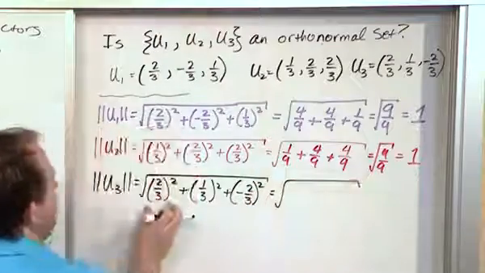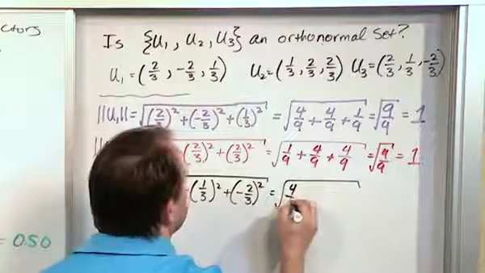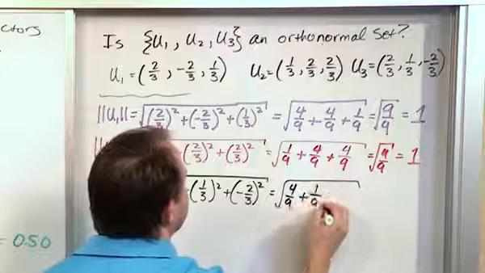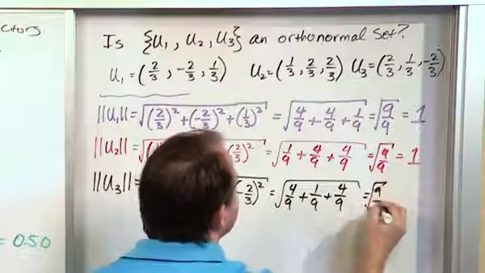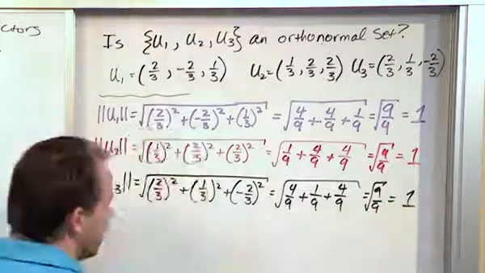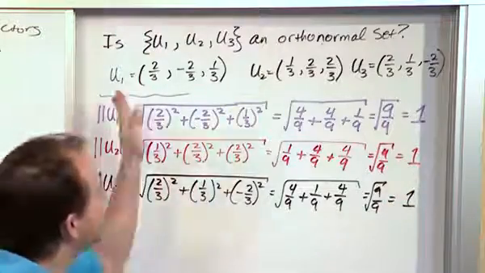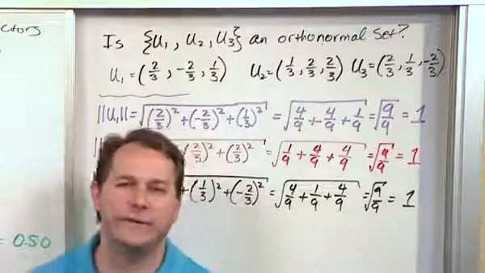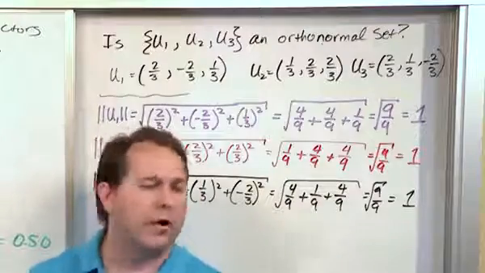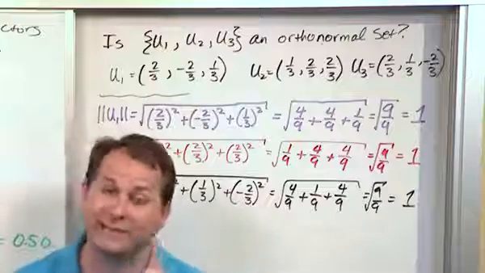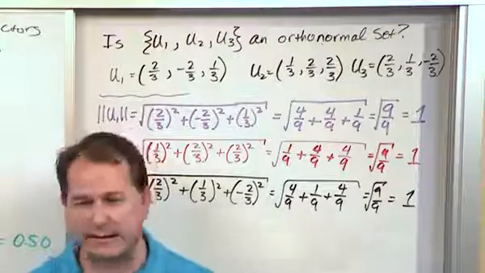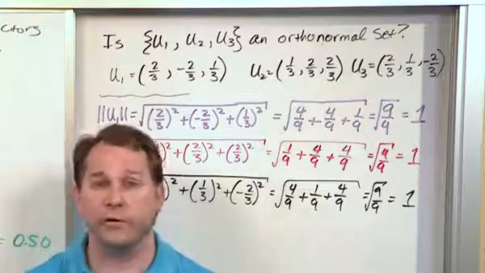And then in here, we'll have 4/9 again, 1/9 here, 4/9 here. No surprise, 9/9. Again, a length of 1. So, because of the way we've constructed this set of vectors, each one of them has a length of 1. All that says at this point is that each one of these vectors is a unit vector, which means they have a length of 1. We haven't done anything regarding where they're pointing yet.